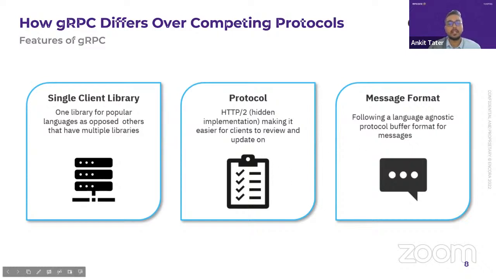Next, it uses HTTP2 as the underlying protocol at the moment, and HTTP2 provides many features compared to HTTP1. One of the features HTTP2 has is multiplexing. So we'll see how it is better than HTTP1. The problem with HTTP1 is that it loads resources one after another.